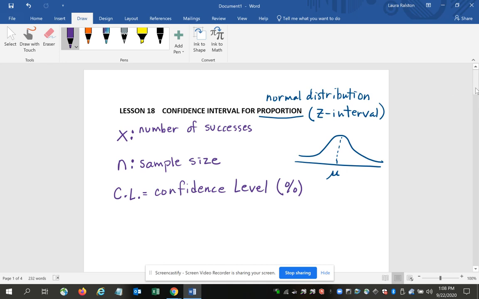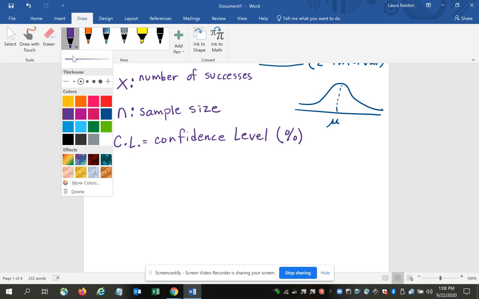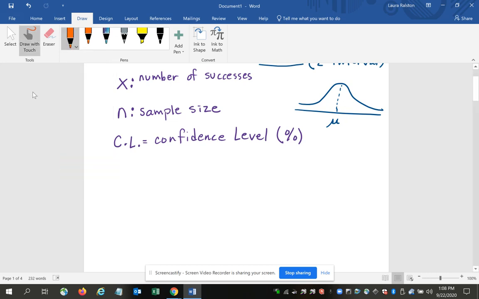which again is most likely stated as a percentage, but it can also be stated as a decimal. Now, it goes on behind the scenes for the most part, but there are some additional symbols or notations that you'll see. You'll see a value called p hat, or sometimes it's written p with a little apostrophe. This is your sample proportion. What did you get when you performed your particular experiment? It's calculated as x, your number of successes, over the total.